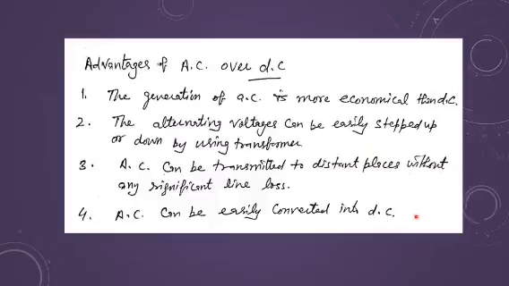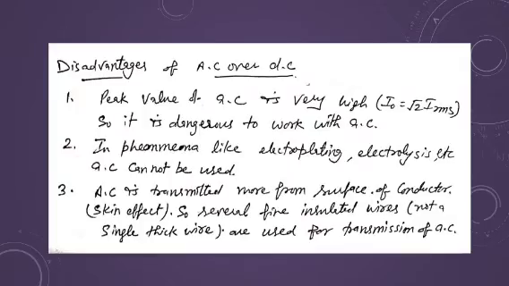So that is why AC is always preferred over DC, though there are some disadvantages also. Of course it is dangerous to work with AC, so you have to be extra careful, because the peak value of AC is very high, which is root 2 times I RMS.